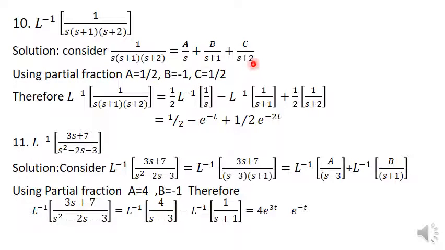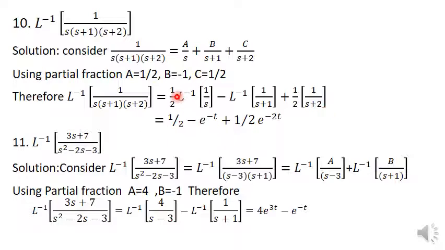And substituting all these values of a, b, c in respective places, that function becomes 1 over 2, that is the value of a is 1 over 2, into L inverse of 1 by s, minus L inverse of 1 by (s plus 1), plus L inverse of 1 over (s plus 2).